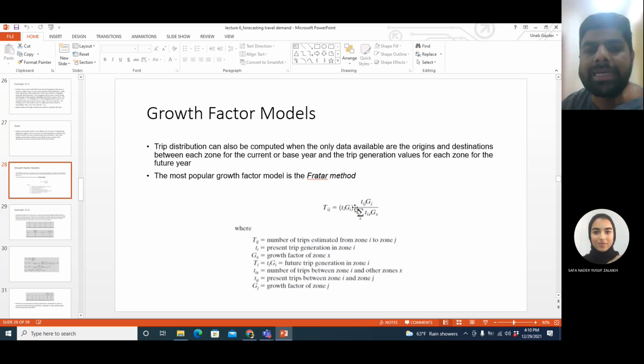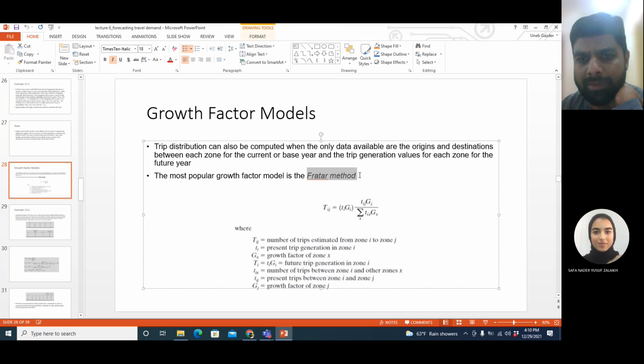This equation is for a particular method of the growth factor model, and that method is known as the Fratar method. So this equation is basically the Fratar method, where you are calculating the future trips, capital Tij, using the present number of trips between 2 zones and the growth rate for each destination zone.